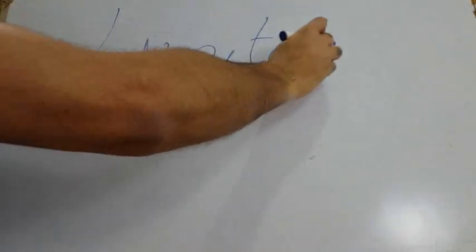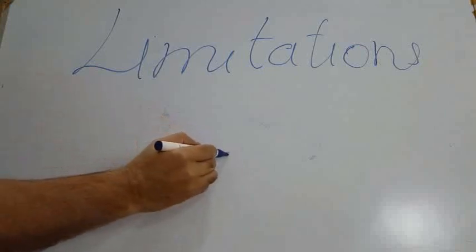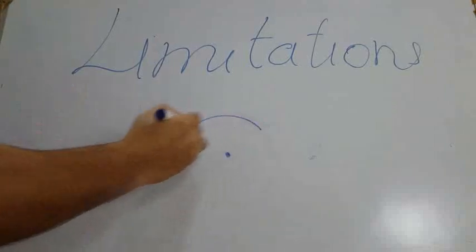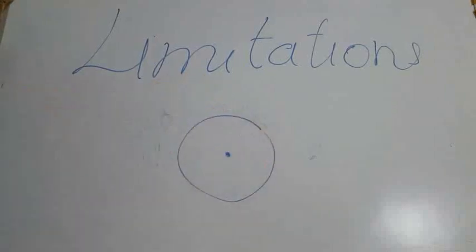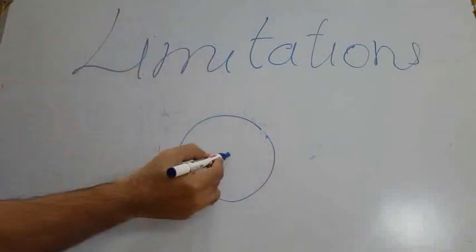Now you can solve equations related to all these transitions. Now let us discuss the limitations of Bohr's model. Bohr's calculation could only explain the spectrum of the hydrogen atom, or single-electron species.